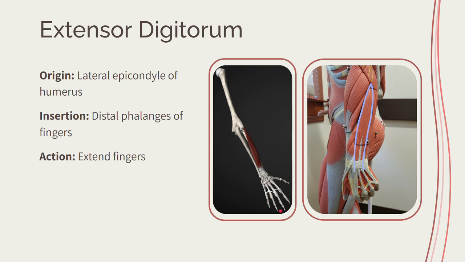You see how it goes all the way down. On the human model, you could make an inference that here would be the lateral epicondyle of the humerus, and then here you could see how it would go to the distal phalanges, like that. So our action would be extend fingers, since posterior usually is extension, and all the other ones we went over before were anterior or flexion, so this is extension in the back.